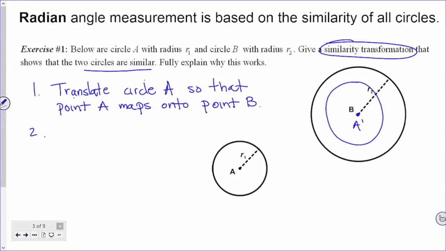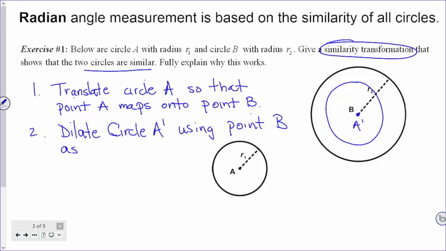So now I'm going to dilate circle A prime using point B as the center of dilation.